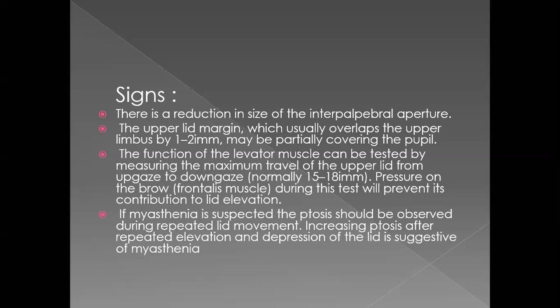How do you measure the severity? Again, I will be telling you in the next slides. But at the moment, we should know how we test for myasthenia gravis. We ask the patient to look straight ahead, and then again ask the patient to look up for about 5 to 10 minutes.